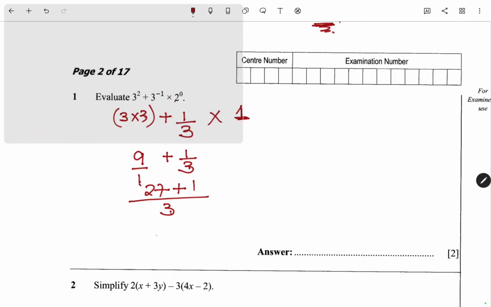So this will give us 28 divided by 3. Okay, so 3 into 28 will give us 9, remainder 1, over 3, something like this. So we have evaluated.